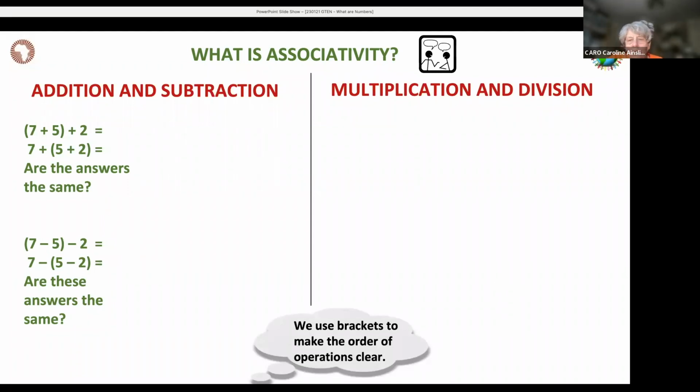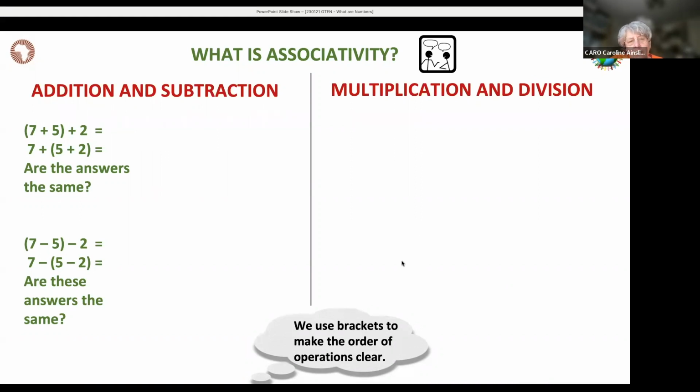So we can do thumbs up again, thumbs down. I'm going to call that the adding section, section A, the subtraction section B. Are the answers the same for section A, the adding section? Are the answers the same if you do the brackets first?